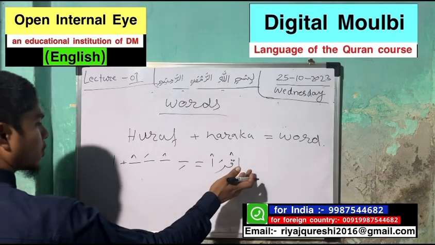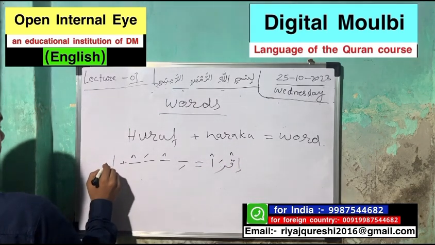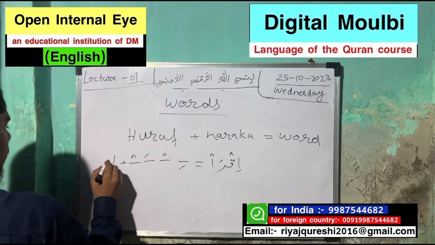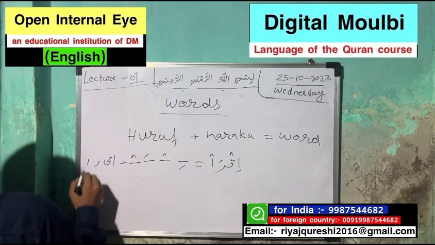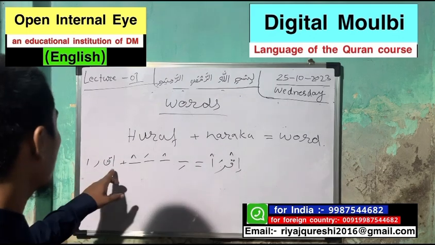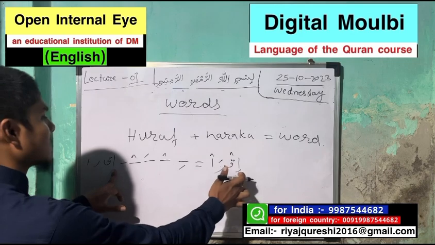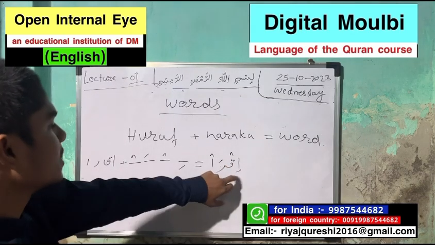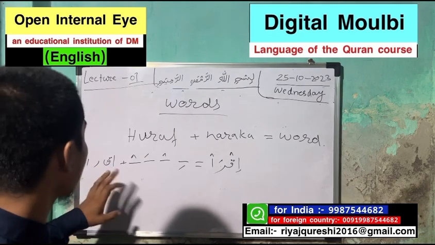It becomes hamza because it has harakat, so it is hamza, it is not alif. Okay, and Qaf and Ra and again alif. When alif is written single, that means it is alif, and when it has harakat, that means it is hamza. In this word it is hamza, and this one I have written here is not hamza, it is alif.